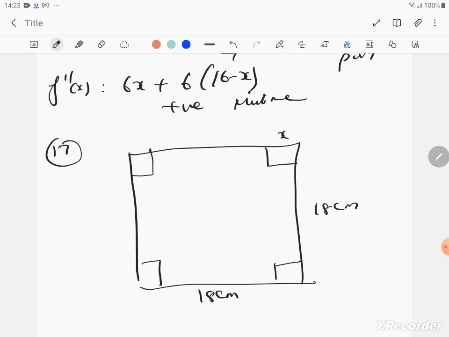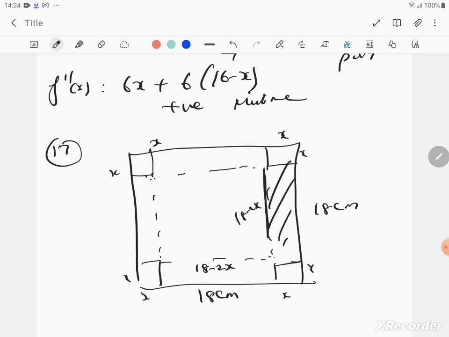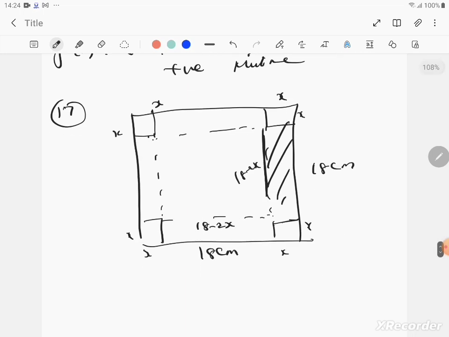We're cutting one square of side x here and throwing it off and bending this part. Bending that part, you make it into a box. This side will be 18 minus 2x, but the height will be x because you're folding this part up. So the height will be x, and it'll become a cuboid.